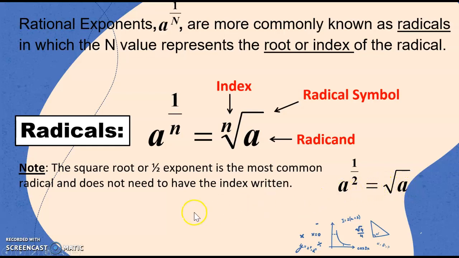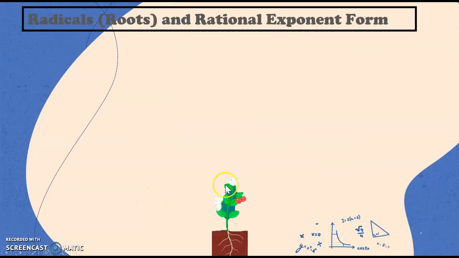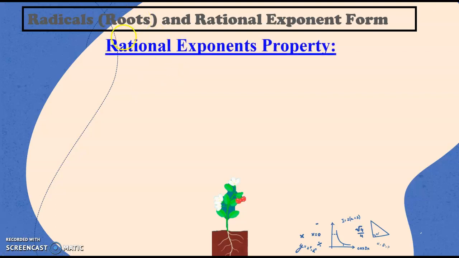So let's have the property that is commonly used in transforming and simplifying radicals, right? So radicals, roots, and rational exponential form. So rational exponents property. So this one, base raised to power over root.